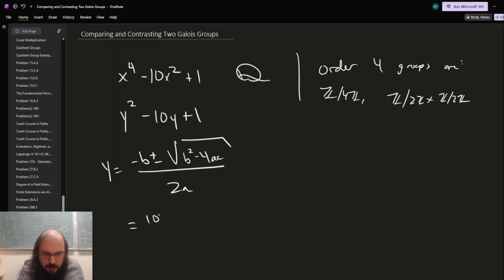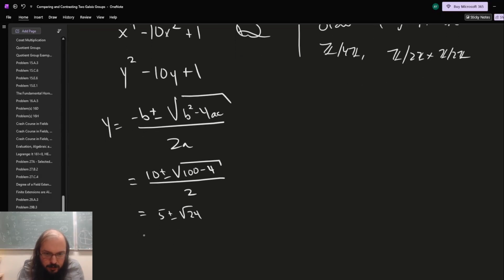So I got 10 plus or minus the square root of 100 minus 4, over 2, or 5 plus or minus the square root of 96. I could take a 4 out of there and get the square root of 24. That could be simplified a pinch further down to 5 plus or minus 2 square root of 6.